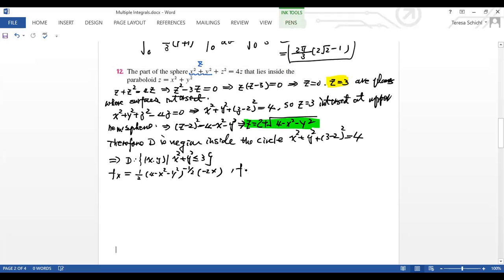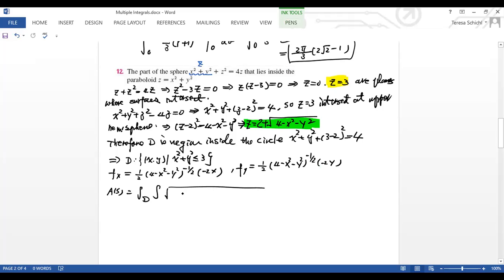And the f of y is the same thing, so it's 1/2, 4 minus x squared minus y squared to the negative 1/2, times negative 2y. Okay, so now I can find the surface area over this D. Here the 2 and 2 can cancel, and the f x squared.